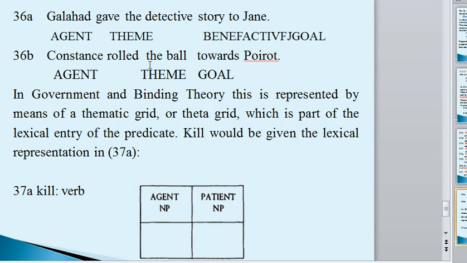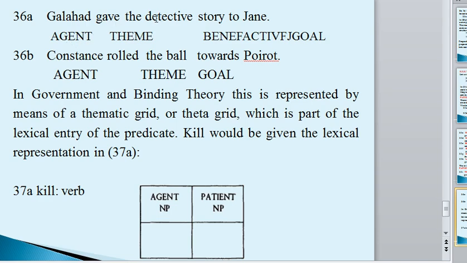For example, look at this example. If I ask you about the theta roles of the arguments, you can see that here. For example, Galahad gave the detective story to Jane. You see here, this is the verb gave, which needs some arguments or participants. The first one, in the place of the subject, Galahad, is the agent, I mean the doer of the action.